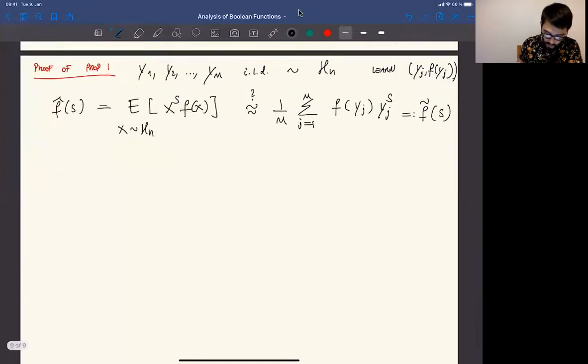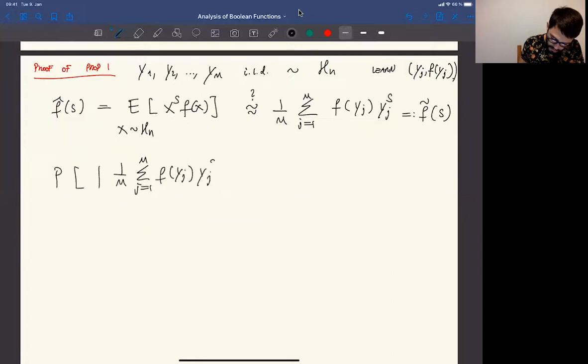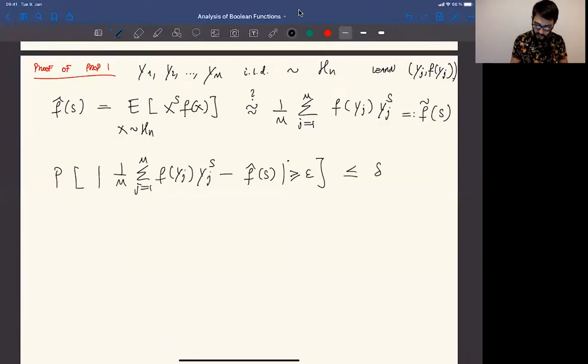Okay, so I would like to know what's the probability of 1 over m being greater or equal than epsilon. Okay, and I would like to know when this is less or equal than delta.